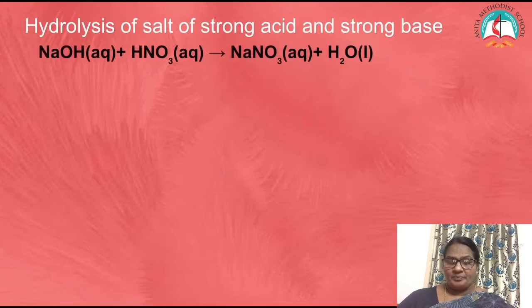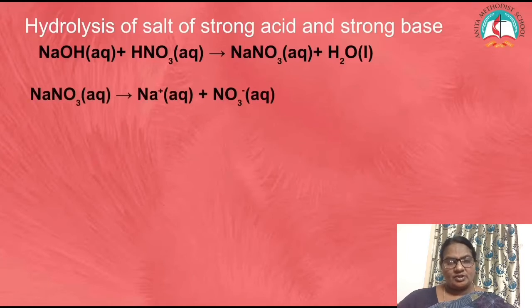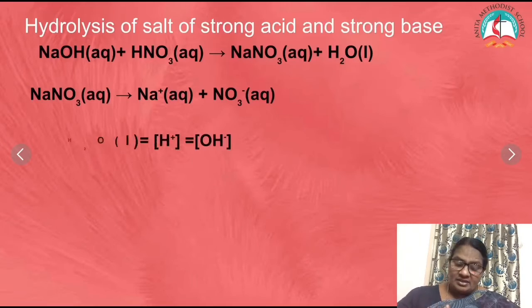Both of them are strong. So what is the salt formed? Sodium nitrate. Now I take the sodium nitrate and dissolve it in water. What do I get? Sodium ion, nitrate ion. Remember, strong electrolytes are always completely ionized at all concentrations. So now what happens when I add water to this salt solution? Only water will be ionized to give H+ and OH-.